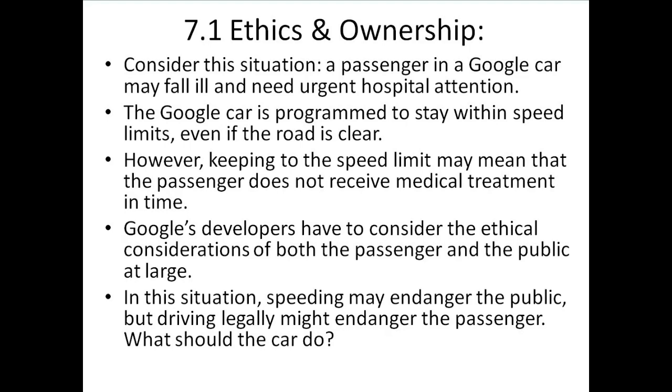Now, Google's developers have to consider the ethical considerations of both the passenger and the public at large. In this situation, speeding may endanger the public, but driving legally might endanger the passenger. So what should the car do in such a situation? These are the type of questions that a developer has to consider.